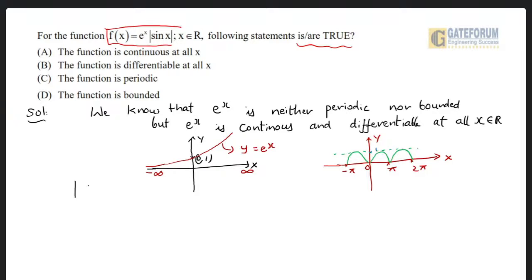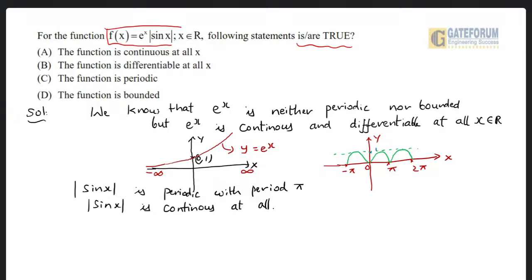Mod sin x is periodic with period pi. Mod sin x is continuous at all x belongs to R, and bounded also.